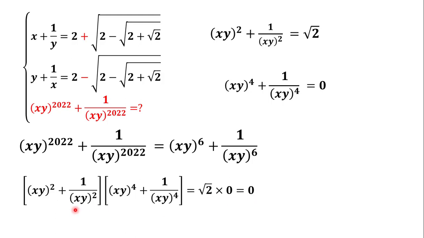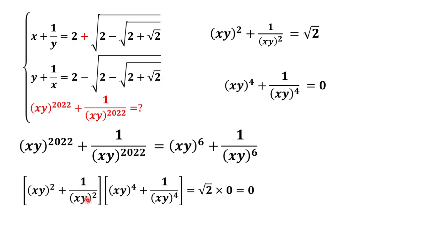The product of these two parentheses equals (xy) to the power of 2 times (xy) to the power of 4 equals (xy) to the power of 6, and (xy) to the power of 2 times 1 over (xy) to the power of 4 equals 1 over (xy) to the power of 2.